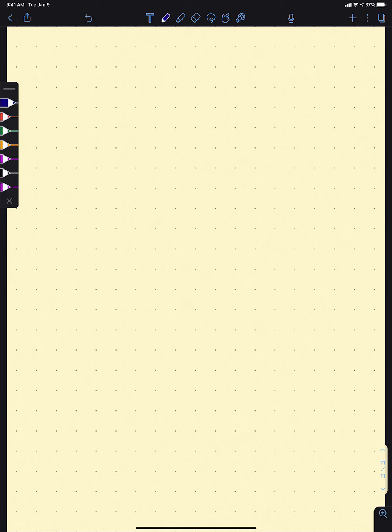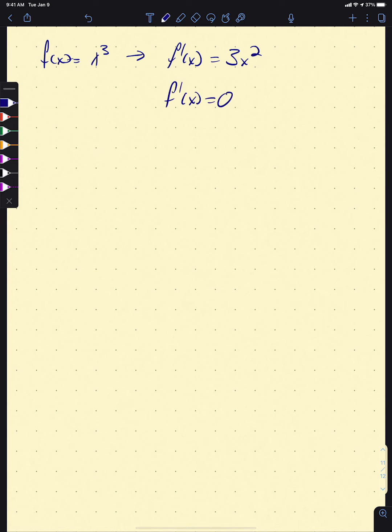And what we can do with that is we can take a look at, say, f of x equals x cubed. Well, then f prime of x is 3x squared, which means f prime of x equals 0 when x equals 0.